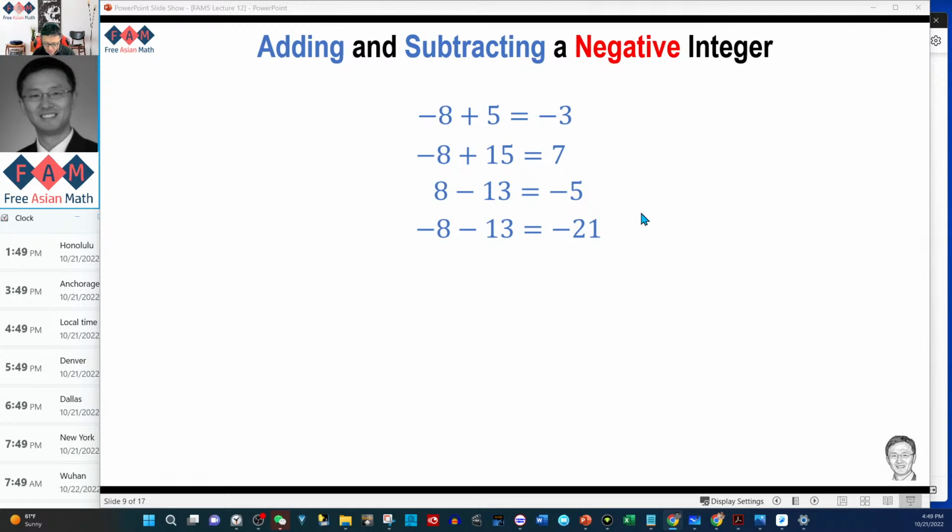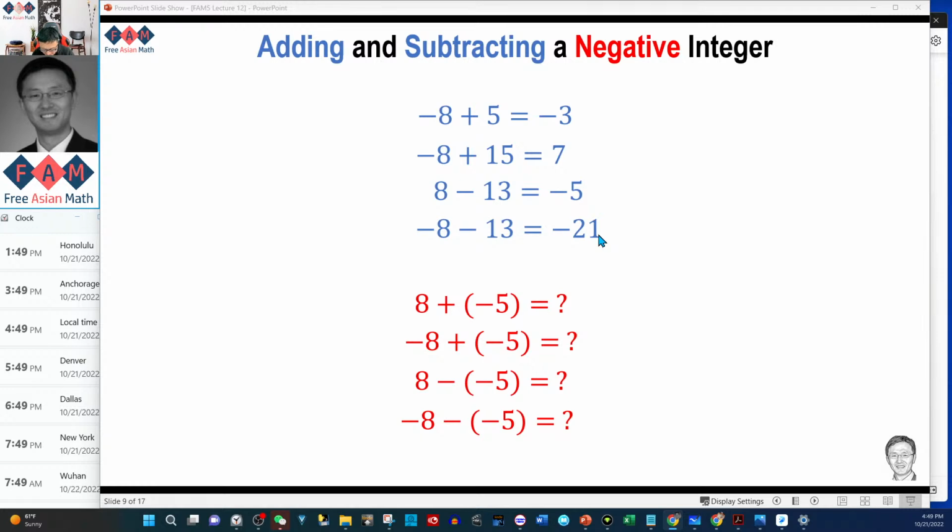But we have something that we cannot do at this time, and that is something like this. If we add a negative integer, say 8 plus negative 5, what does it mean? Or negative 8 plus negative 5, or 8 subtracting a negative 5, or negative 8 subtracting a negative 5. What do those expressions mean? They don't mean anything because we have not defined what they mean yet.